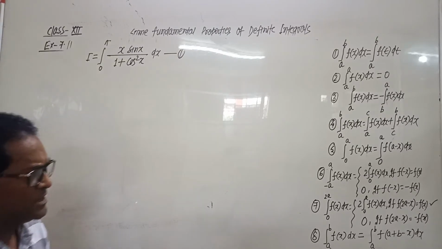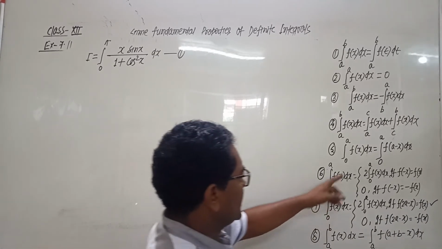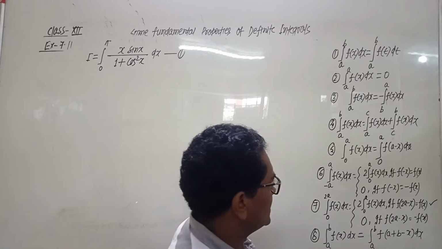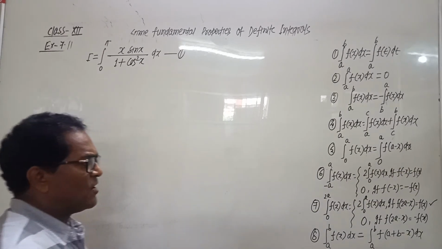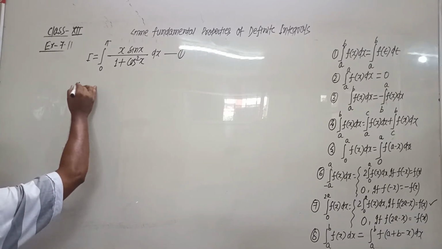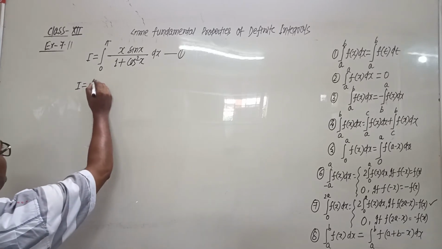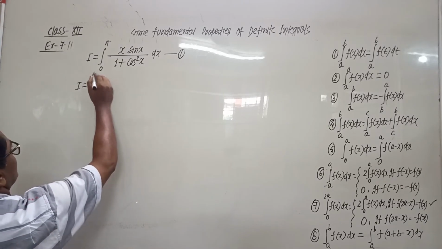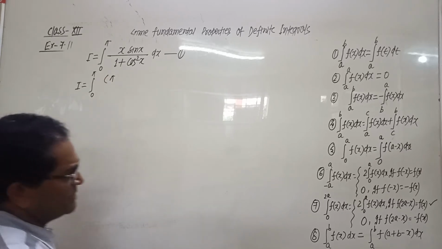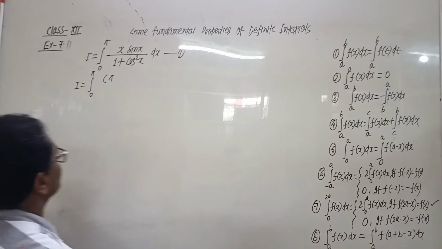Firstly we use property number 5: integration 0 to a f(x) dx equals integration 0 to a f of (a minus x) dx. So this can be written as integration 0 to pi, where in place of x, everywhere we write a minus x.